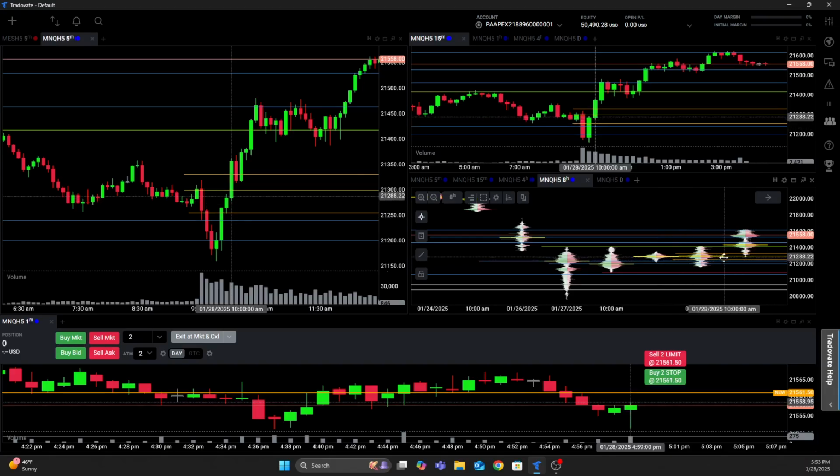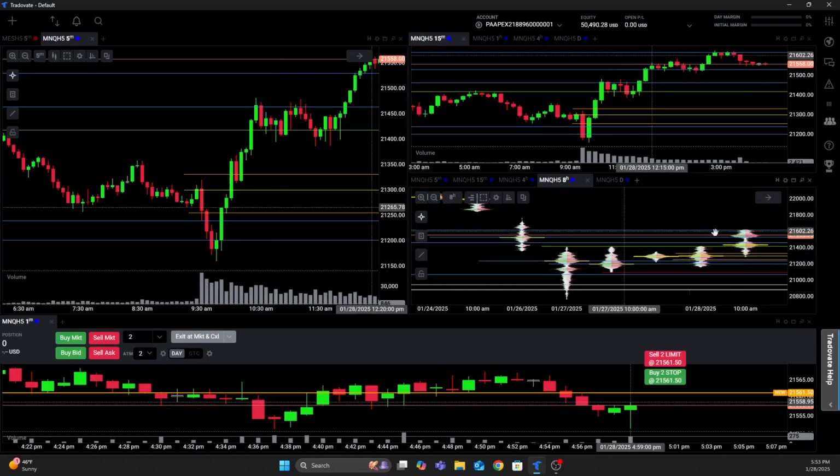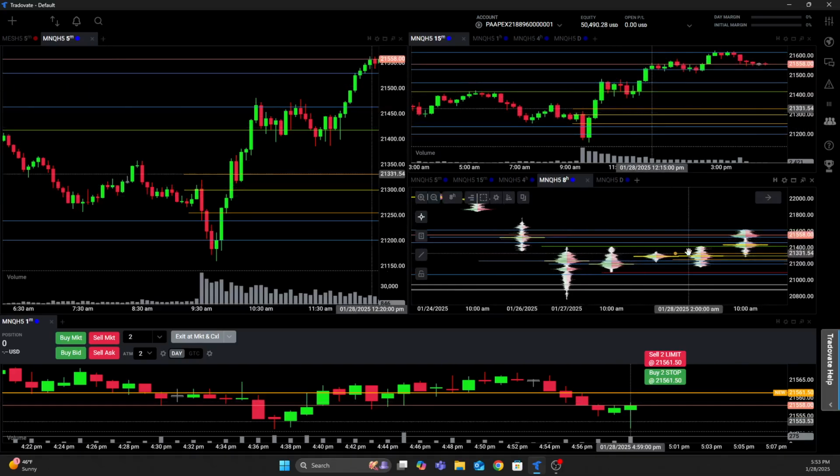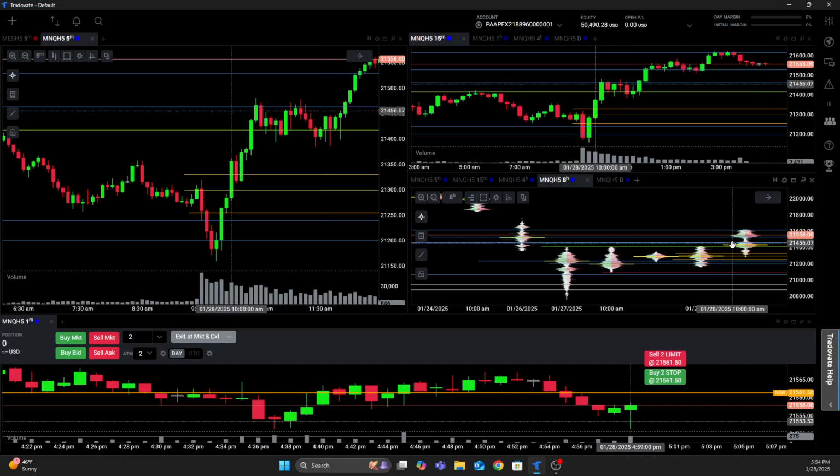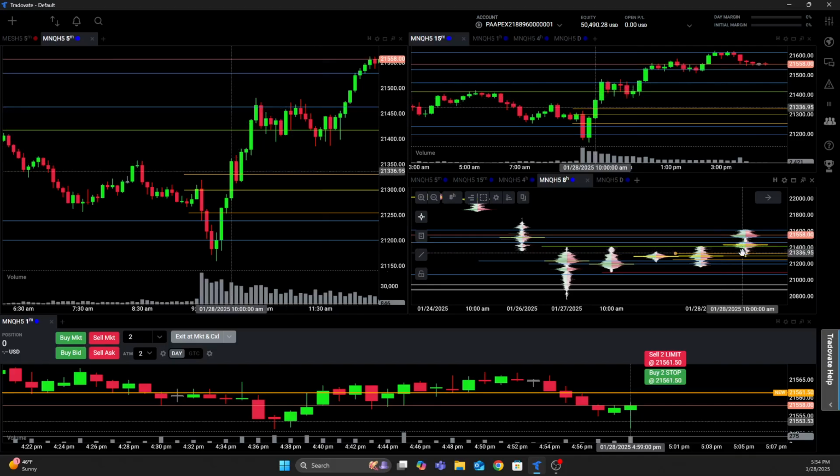Once we had broken above this area in here, if you look, there's not a lot of volume in these bid-ask volume candles. The width of these candles is pretty narrow, indicating not a lot of buying and selling. Here it's non-existent. Here's pretty thin. Here's pretty thin. Over here it's pretty thin until you get up here. So I figured if we broke out with strong price action up into this low volume area, there's not a lot to stop us, right?